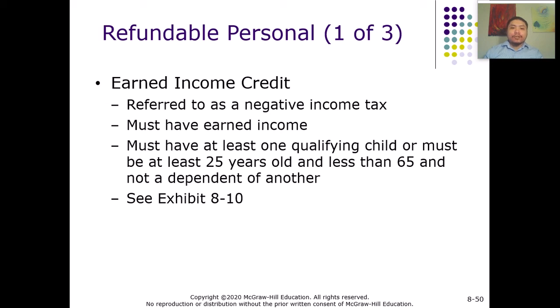Because this program is designed to support low income taxpayers, eligibility usually only limits to people who have low income. So people who have medium to high income are not going to be eligible for this program.